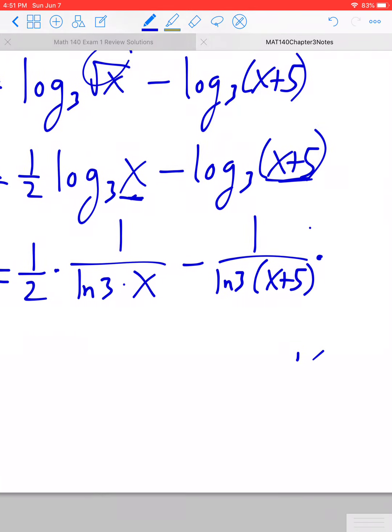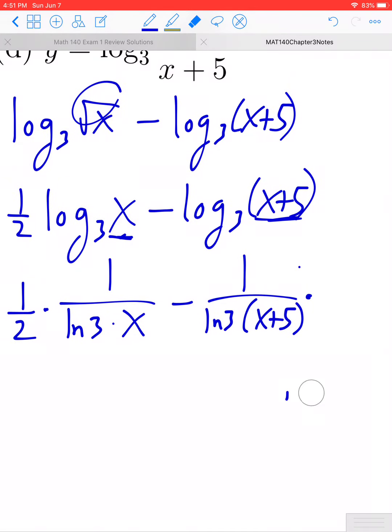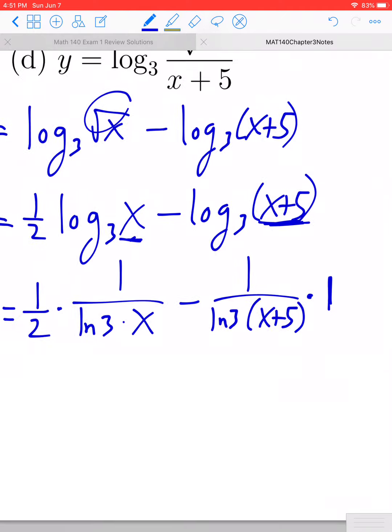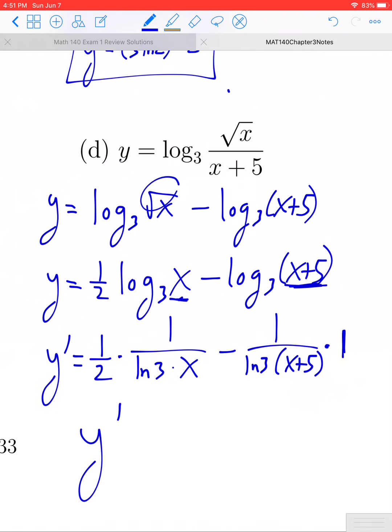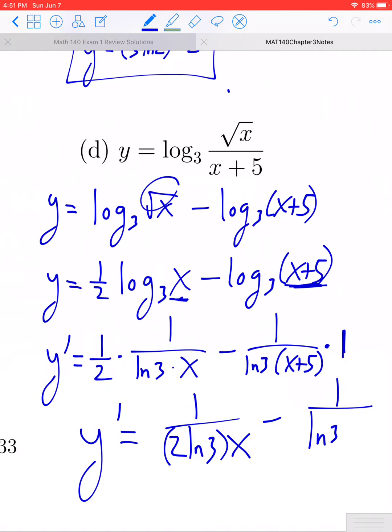And now because there is a composition here, we need to multiply by the derivative of the inside function. The derivative of x plus 5 is simply going to be 1. So here y prime is equal to 1 over 2 ln of 3 times x minus 1 over the ln of 3 times x plus 5.